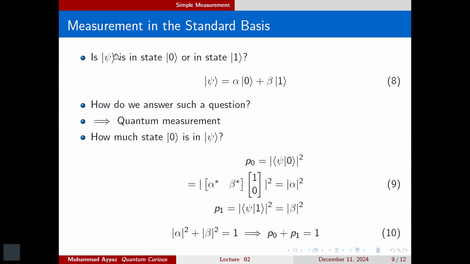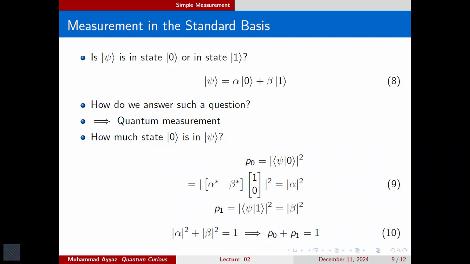The simple and very elegant way of countering this kind of question is the formalism of quantum measurement. And quantum measurement has quite important aspects: it is probabilistic, and it perturbs the state that we are measuring.